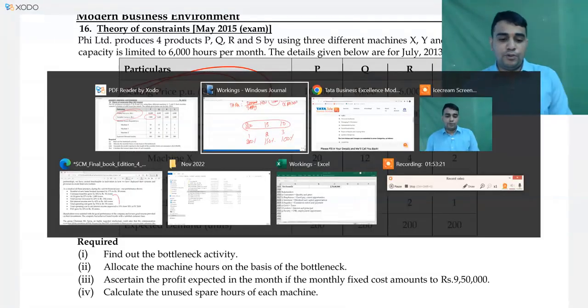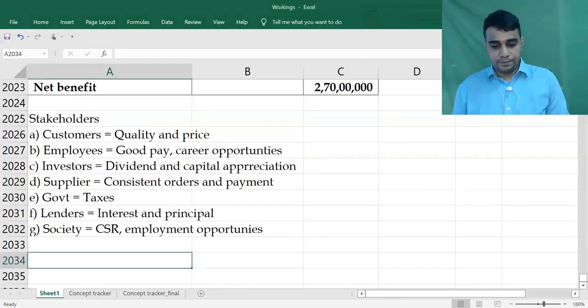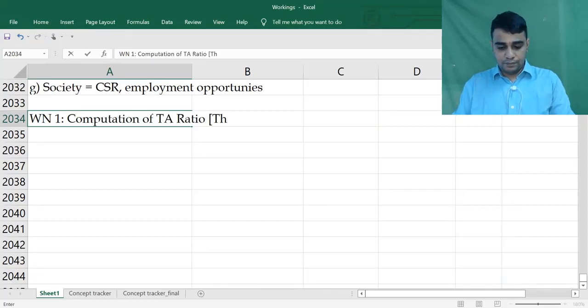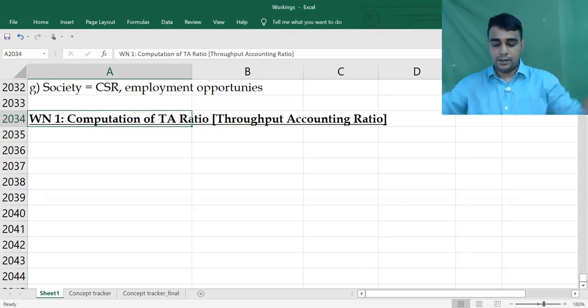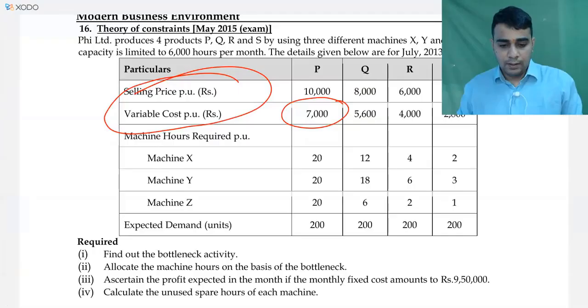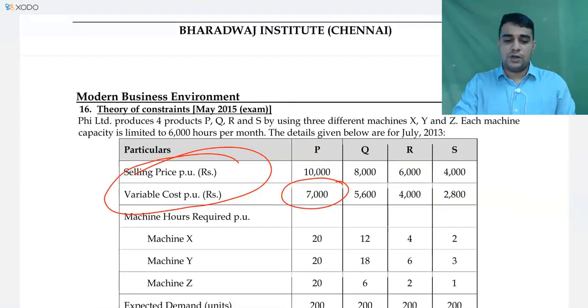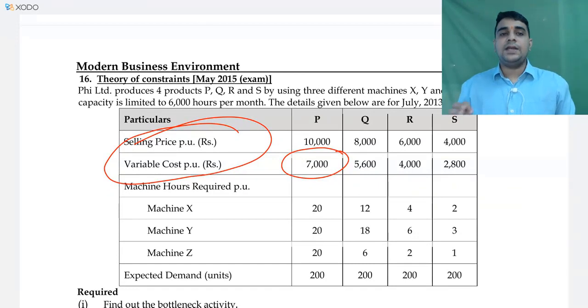Working note 1, computation of TA ratio. There are three factors where there is a limitation, which is machine capacity: machine X, machine Y and machine Z. These three are potential limiting factors or potential bottleneck activities.